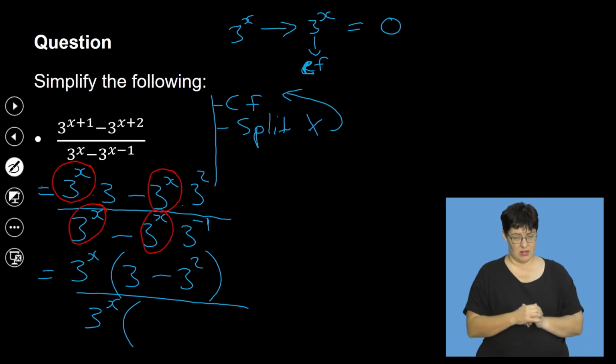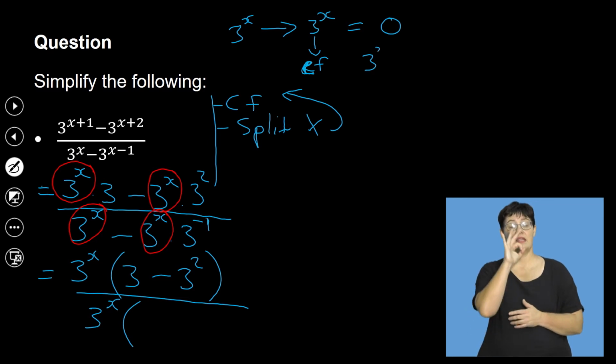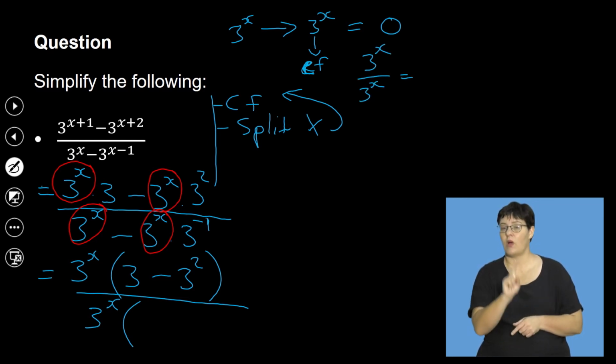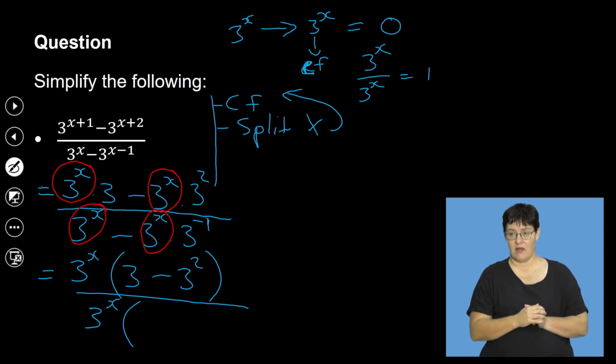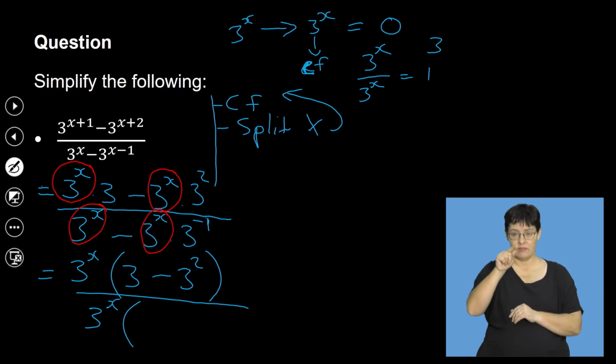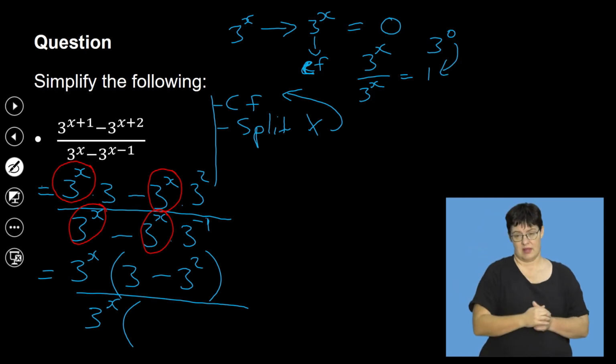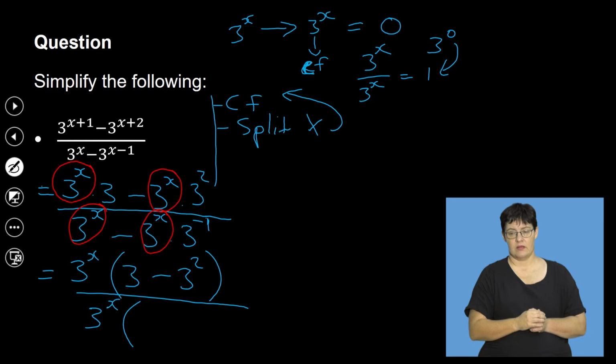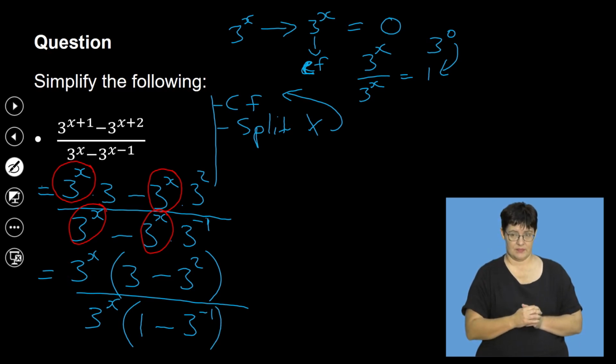So if I divide 3 to the x by 3 to the x, the answer will be 1. If you want to apply the laws of exponents, it will be 3 to the exponent of 0, which goes back to being 1. So it's really an either-or situation. So this will be 1 there, minus, then here I will be left with 3 to the negative 1.